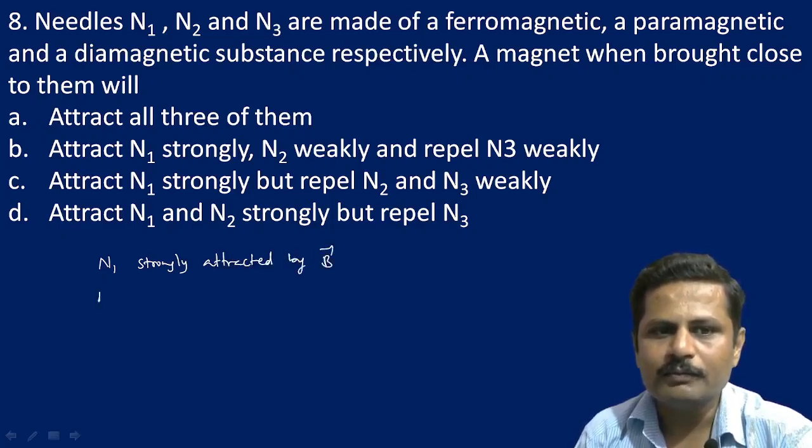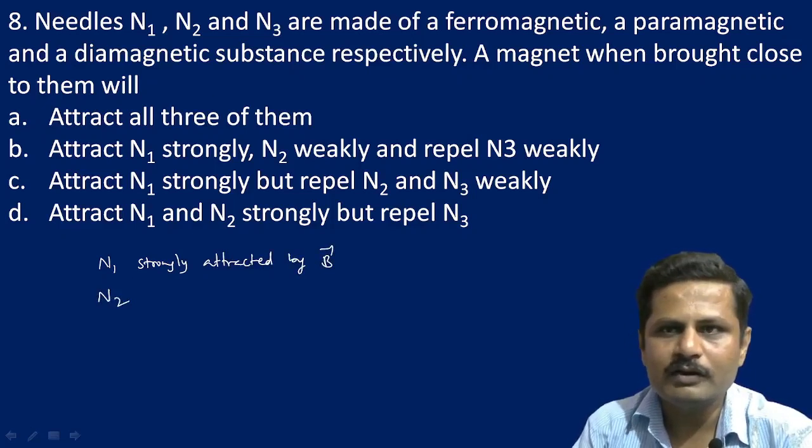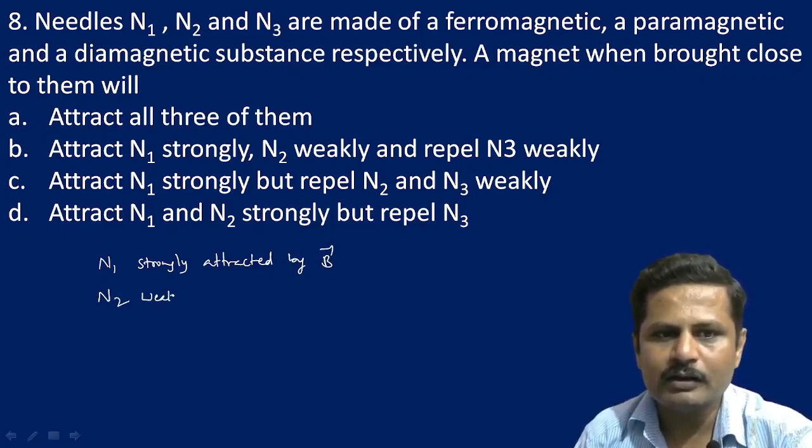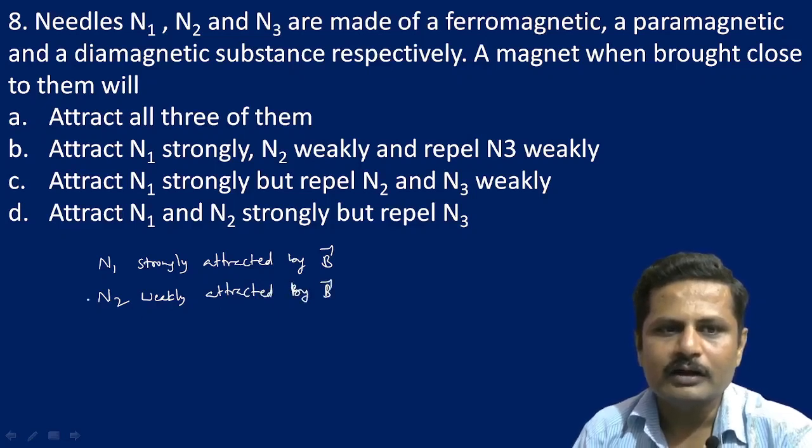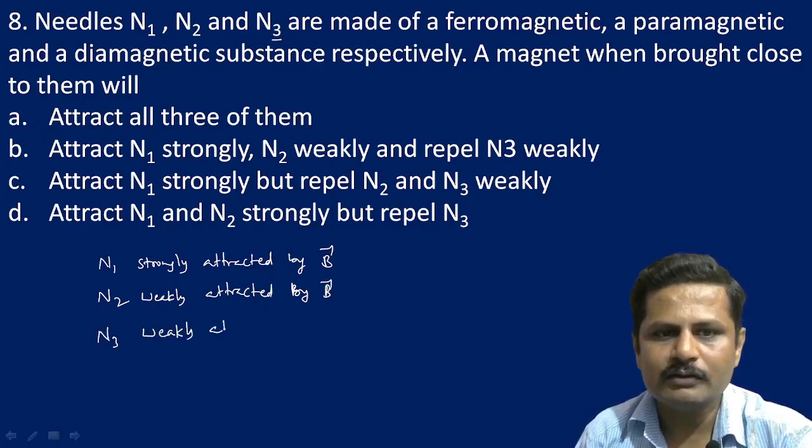In the same way, N2, a paramagnetic substance, is weakly attracted by an external magnetic field, and a diamagnetic substance, that is N3, is weakly repelled by an external magnetic field.